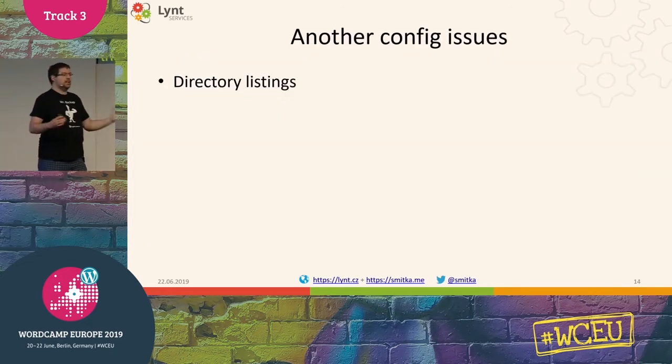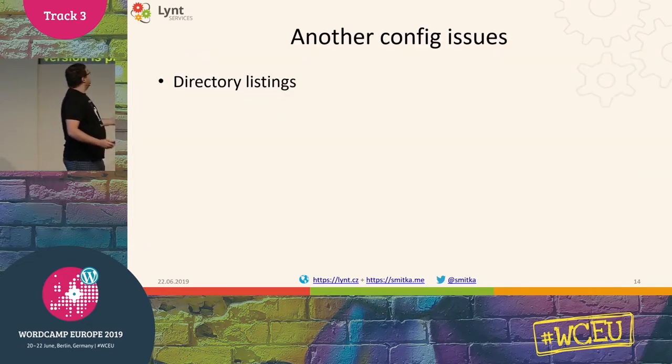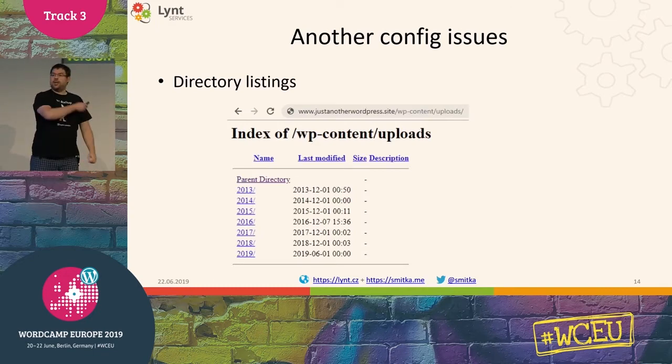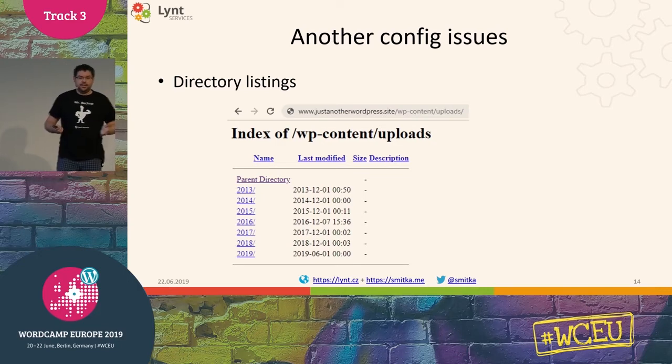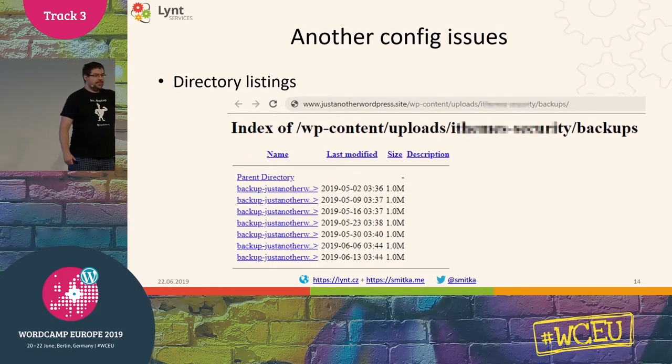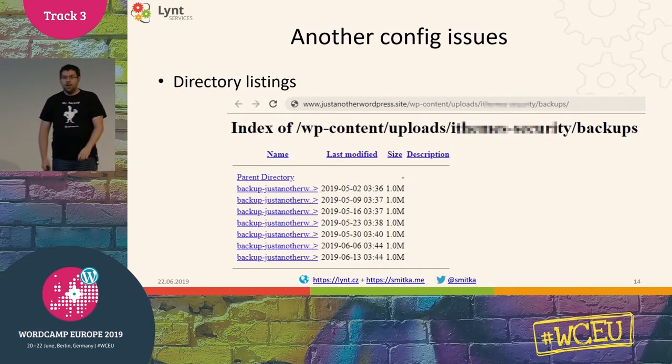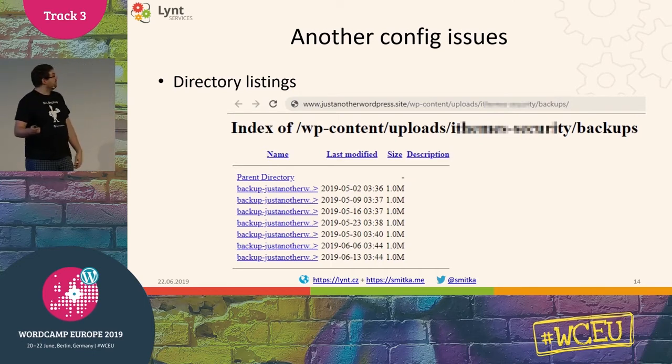But there are many other configuration issues. For example, directory listing. It seems pretty innocent, but what if your backup plugin is not prepared for that? And it makes all your backups publicly available. You don't want it, I hope.